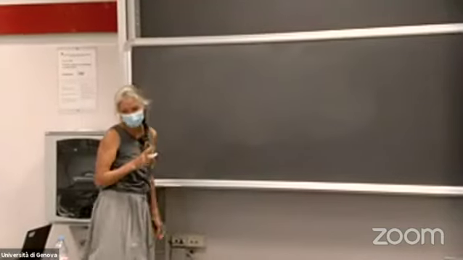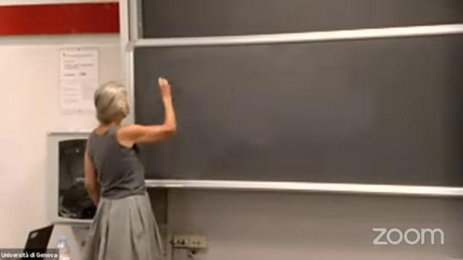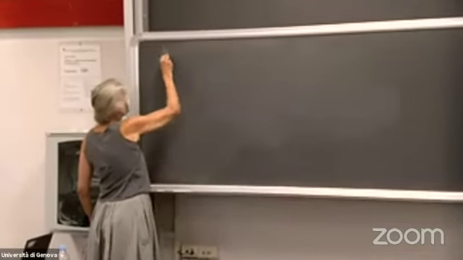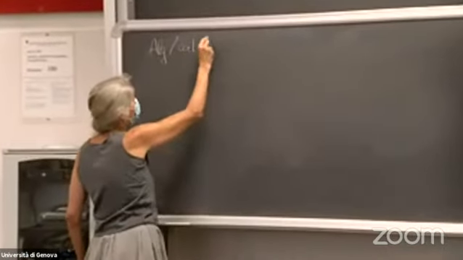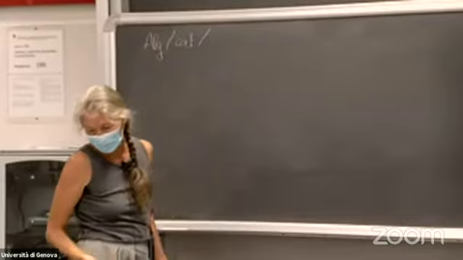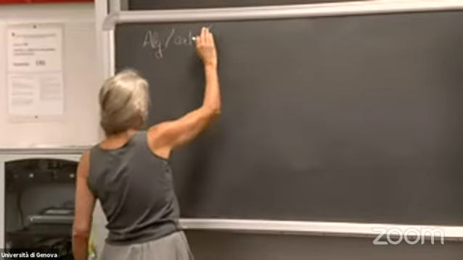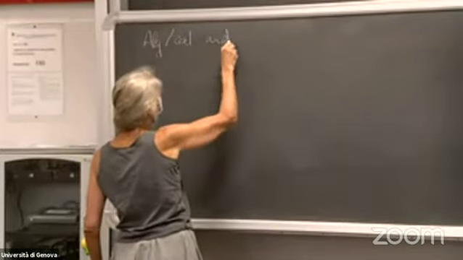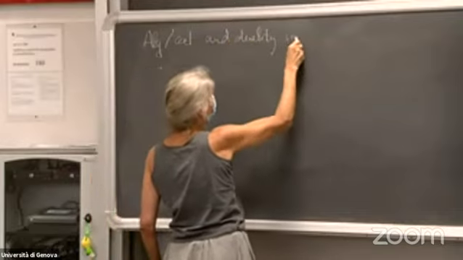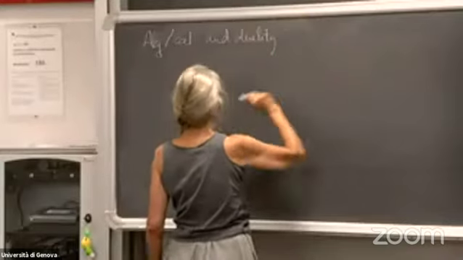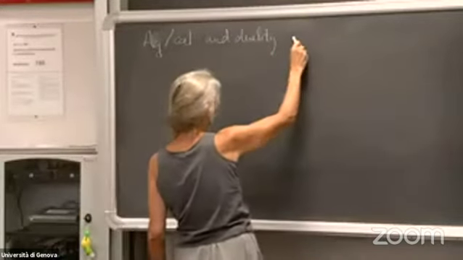Okay, so what I want to talk about is what I call algebraic / categorical, or maybe I should say and, duality in logic. Well, so this is what I want to talk about, methods.